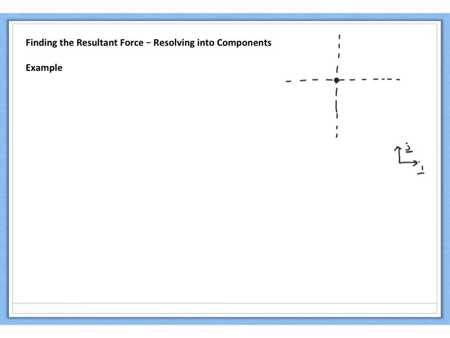Now, here are the forces that we have acting. I have force F1, which acts on the particle in this direction here. And the arrowhead is like that, so that's force F1 in a vector form, and it is 60 degrees, like that. And the magnitude of F1, I'll write it along the side here, is 15 newtons.